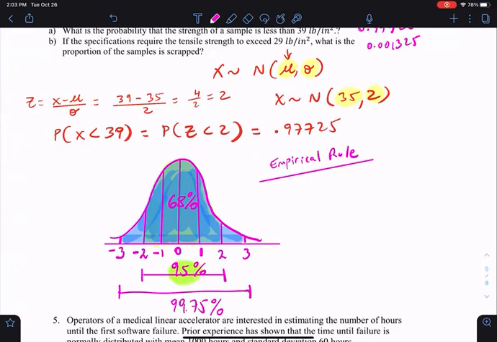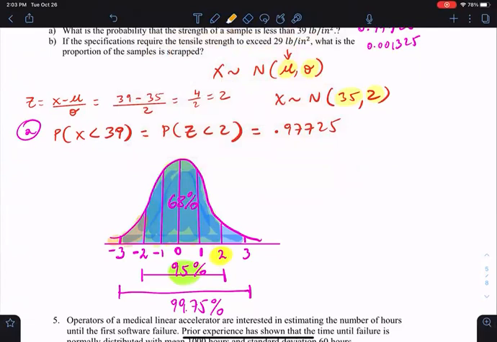So when I said you could answer part A intuitively, if you know that we are 2 standard deviations above the mean, we're talking about this number right here. We know that from -2 to 2, or 2 standard deviations below the mean and 2 standard deviations above the mean, that's 95%. So if I add this tail right here, I should get the total area.